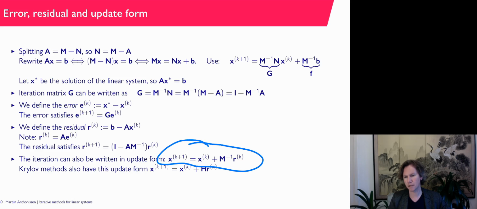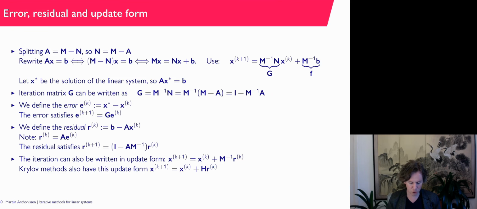This does not make a lot of sense now, but later on when we study Krylov methods, well, if you choose to attend the master's course in scientific computing, you will study them. And there you have a similar expression, but instead of M inverse, there is an H matrix there. This is just for later.